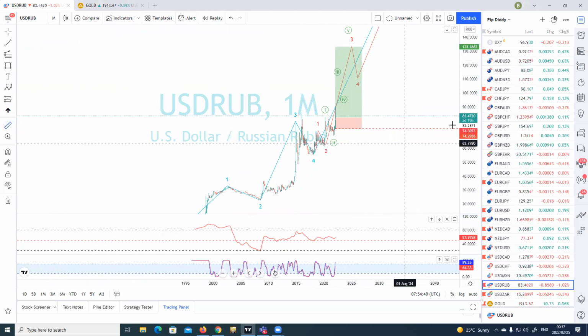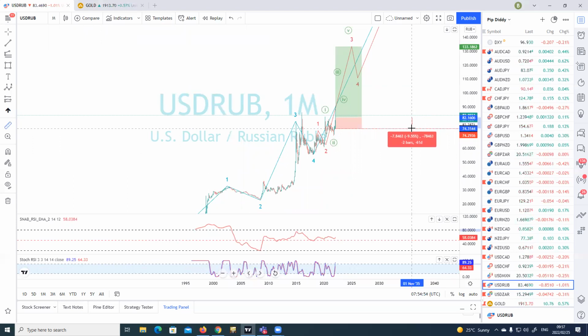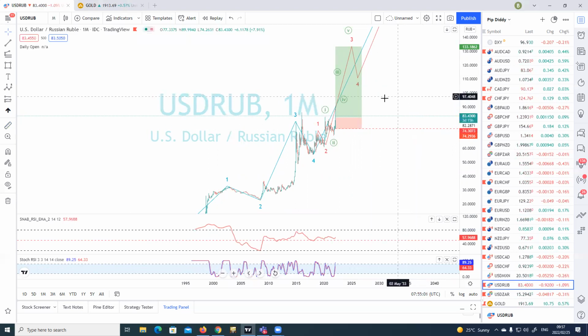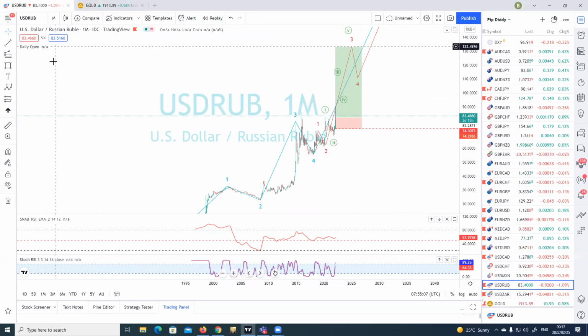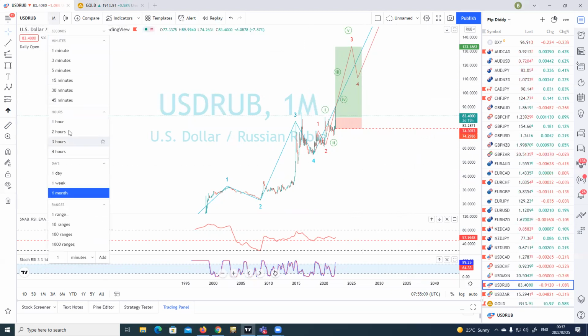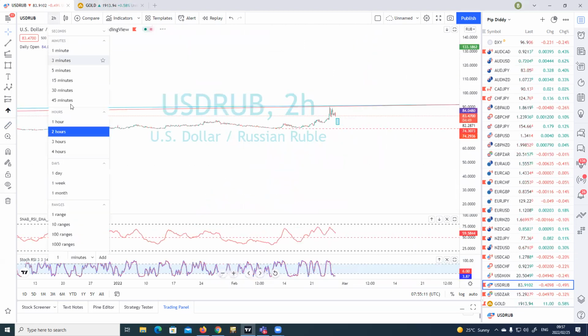And then your stop loss is going to be 78,463 pips. So this seems to me to be a very good risk to reward ratio, but obviously you don't have to trade the whole wave in one trade.